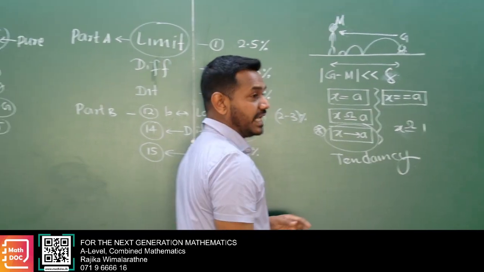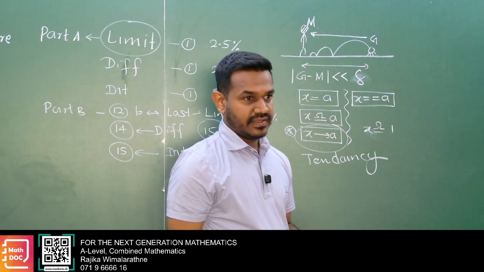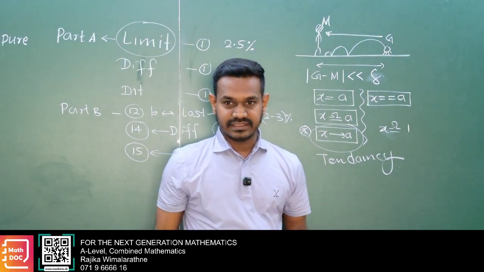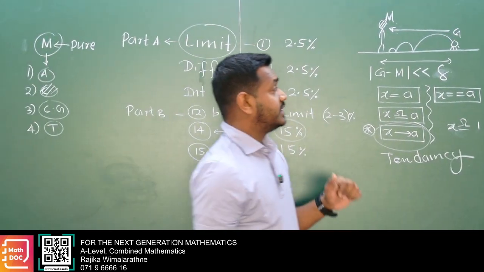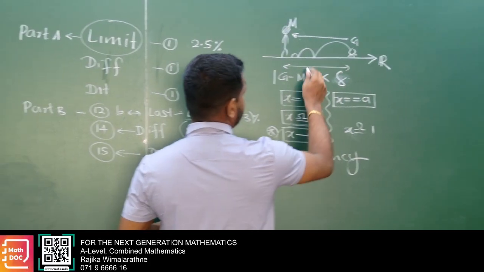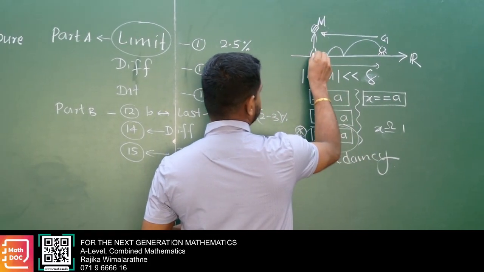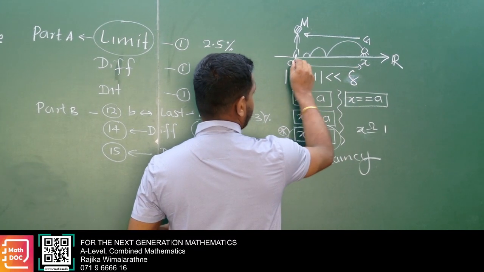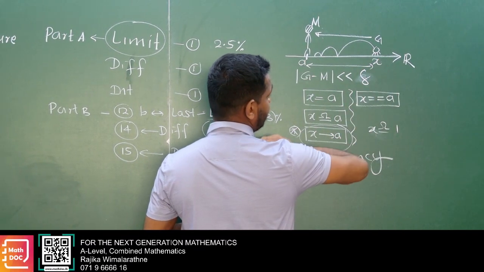We discuss tendency. X moves towards A. That is tendency. If you consider this as a real number line, here is some value, simple A, and here is the variable x. A is a fixed value, x is a variable value.